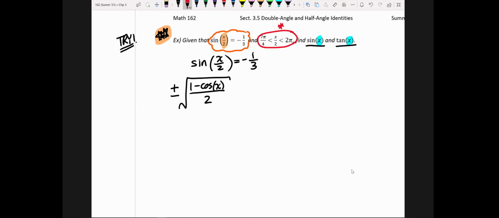Make note that we're given x over 2 is in quadrant 4. We know that sine of the half angle is negative in quadrant 4, so that's why we select the negative one.